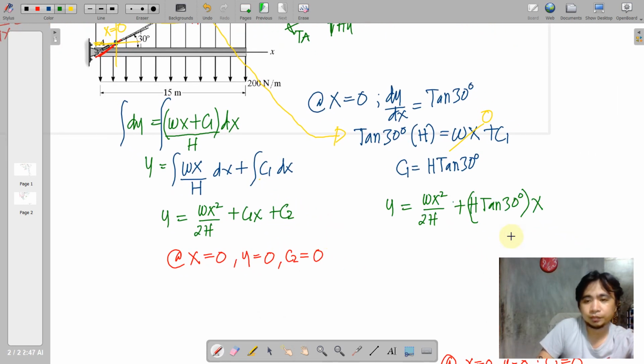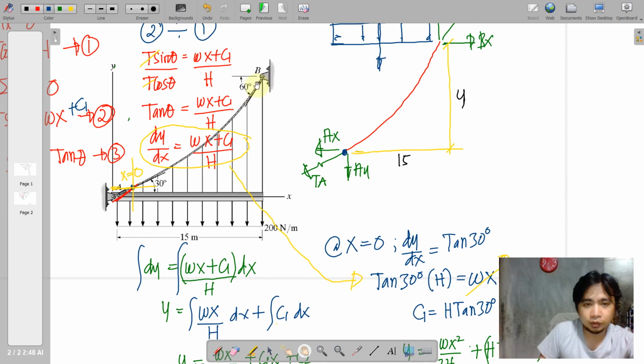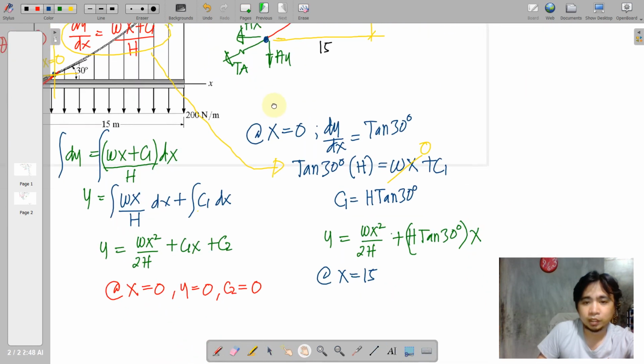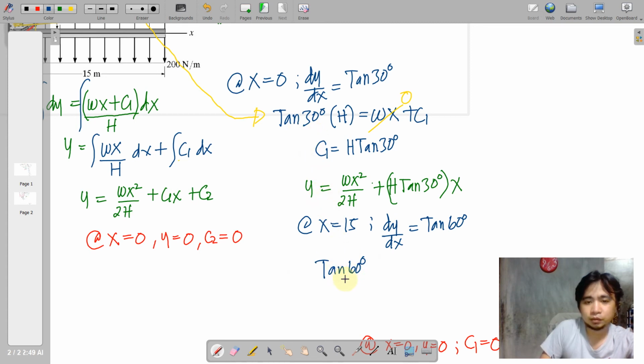So here it is. We also use the other boundary condition where at x is equal to 15, your slope is equal to tangent 60. So we use this equation again, applying now our new slope that is tangent 60 degrees. So we write this equation. Of course, it will have a value of tangent 60 times h equals w times x, where x is equal to 15.